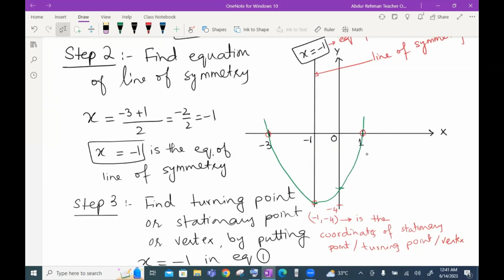This value is minus 3 because in step number 4 this is the y-intercept of this graph. So this is the sketch of y equals x squared plus 2x minus 3, and this is the minimum value function.